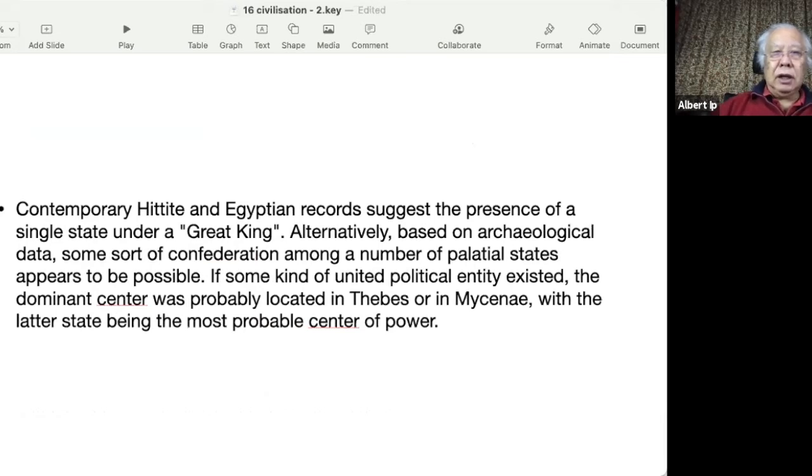Alternatively, based on archaeological data, some sort of confederation among a number of states appears to be possible. If some kind of united political entity existed, the dominant center was probably located in this area or this area. I can't pronounce the names anyway, with the later state being the most probable center of power.